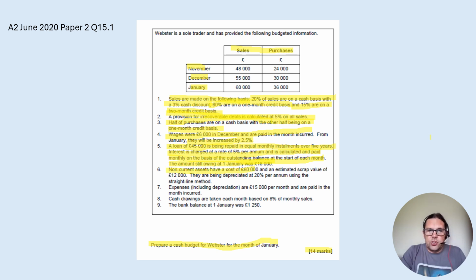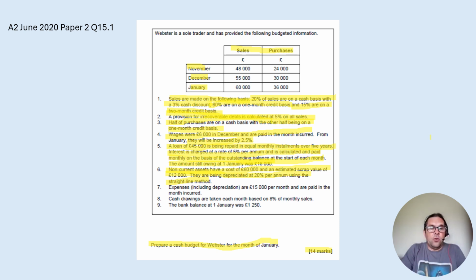Non-current assets have a cost of 60,000 and an estimated scrap value of 12,000. They are being depreciated at 20% per annum using the straight line method. Now we know, or hopefully you know, depreciation is a non-cash expense, so we will not list depreciation in this cash budget. You're going to lose marks because that would be considered an alien item.